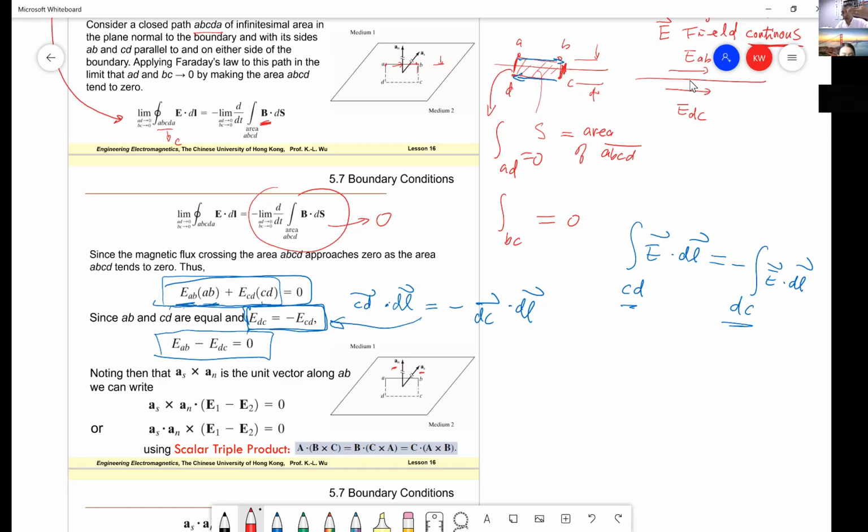Then in this case, we can write this, because AS cross AN is the tangential component.